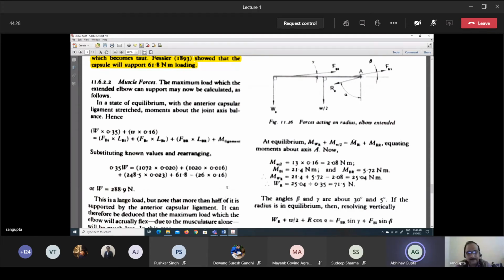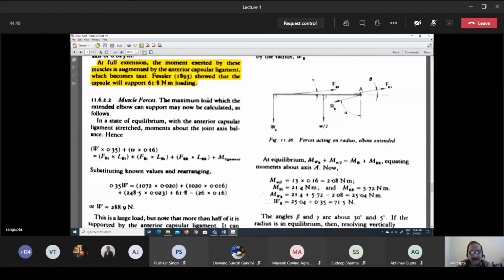Sir, in the anterior capsular ligament, there are a lot of ligaments, like a whole capsule. Yes, that is true. The problem is, Abhinav, to be honest, in this sort of simplified calculation, they are not going into the details of all the ligaments. They say within which, the anterior capsular ligaments are there.